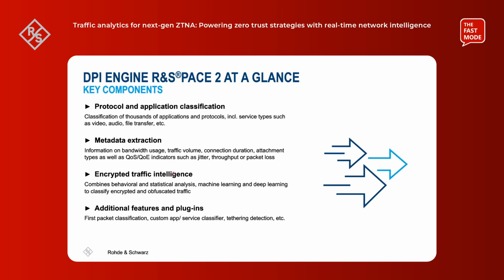We will discuss this in just a few seconds. Additionally, we support many other features and extensions via plugins. This way, we support first packet classification, which we will also discuss in a few slides, and a custom service classifier for user-maintained signatures in JSON files. Additionally, tethering detection for hotspot scenarios or mobile user equipment.